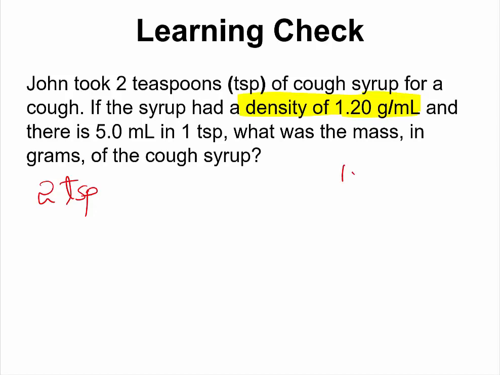So 1.20 grams is equal to 1 milliliter. And there are 5.0 milliliter of liquid in 1 teaspoon. Again, that can be used as a conversion factor. So we have 5.0 milliliter equals to 1 teaspoon.